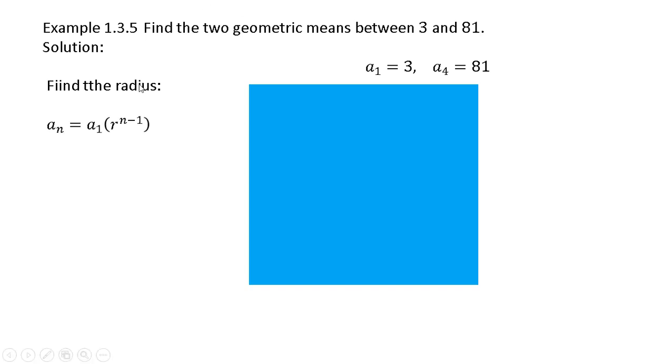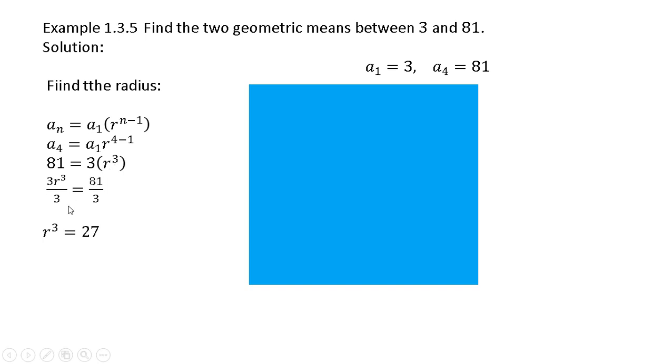Find the common ratio. Nasayop ni. So there. A sub n equals a sub 1 times r to the power of n minus 1. We have a sub 4. Itong gigamit, a sub 1 and then r to the power of 4 minus 1. This is 81 equals 3r to the power of 3 or r cubed.